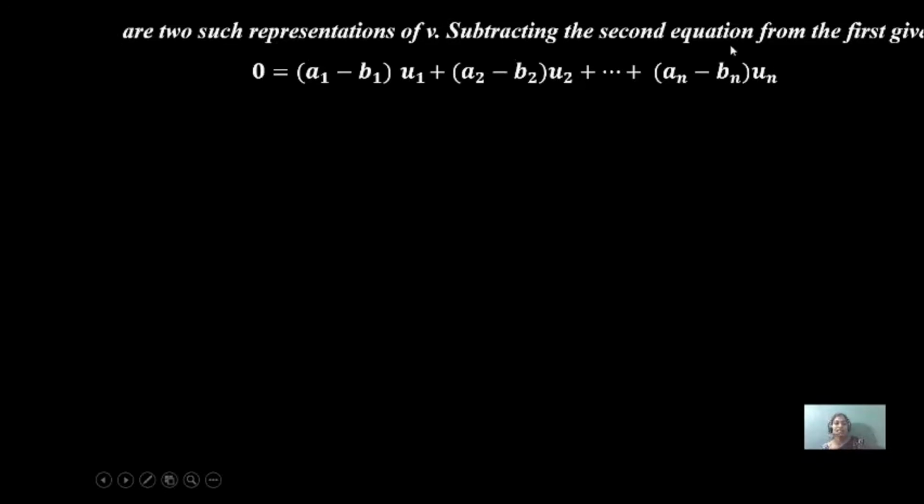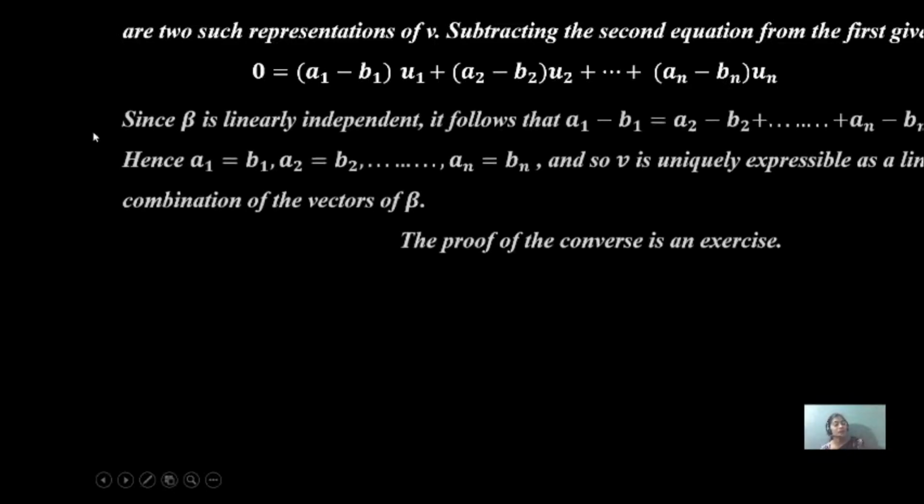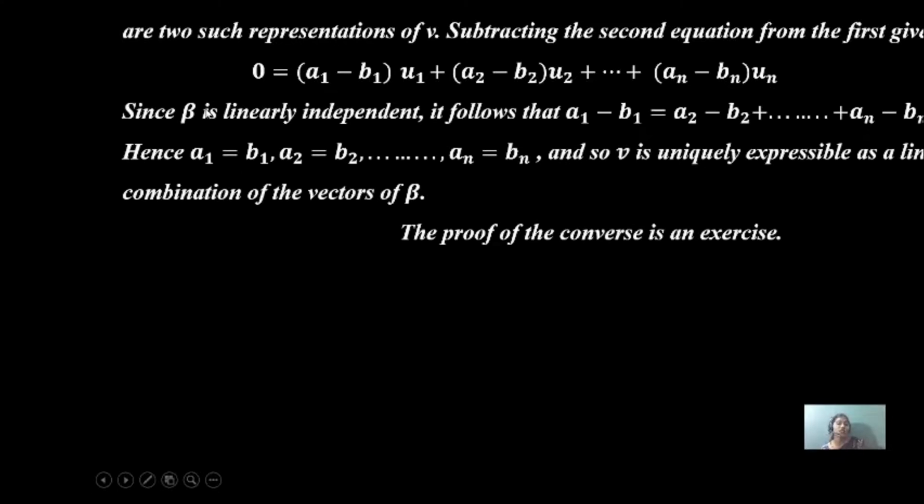Subtracting the second equation from the first, we get 0, because v minus v equals 0. So a1 minus b1 times u1 plus a2 minus b2 times u2 plus up to an minus bn times un equals 0.